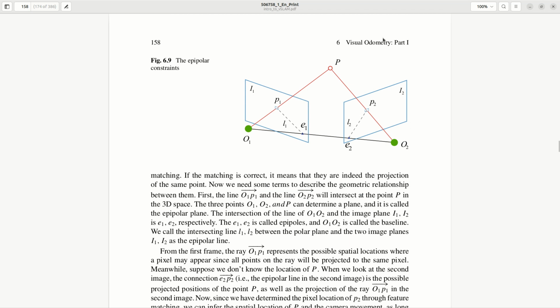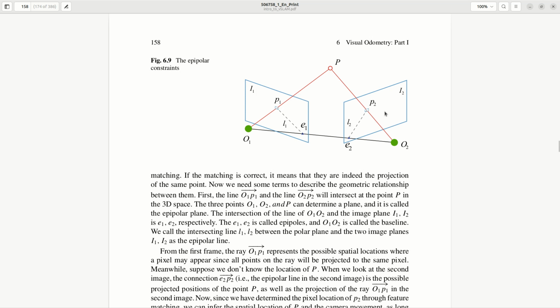As this figure illustrates, the first process in solving this epipolar geometry is, of course, you want to extract a large number of feature points, which is point P1 on this frame, and then on the next frame you want to find the pixel coordinates of the same set of feature points you extracted in the first frame, right?